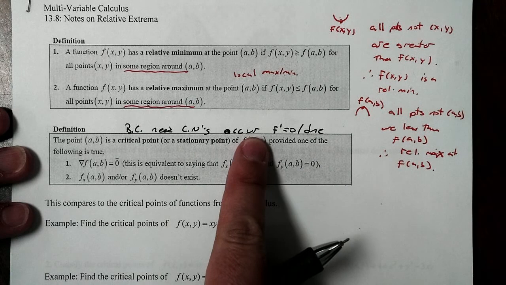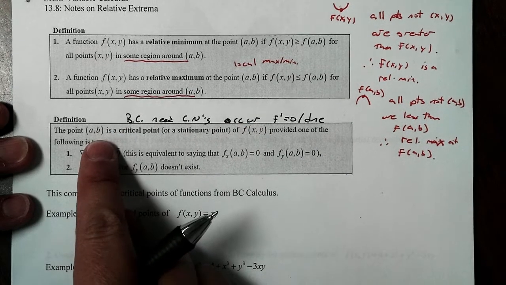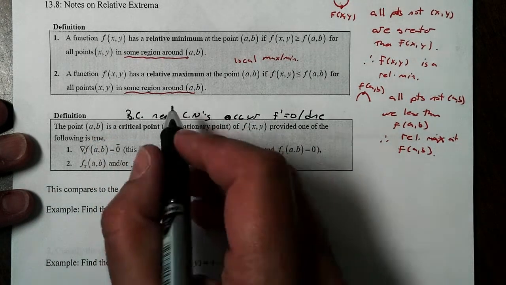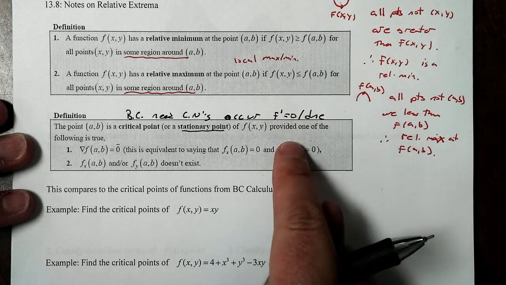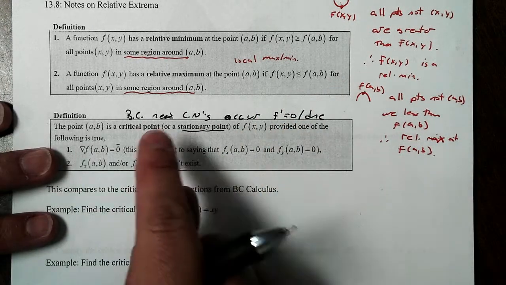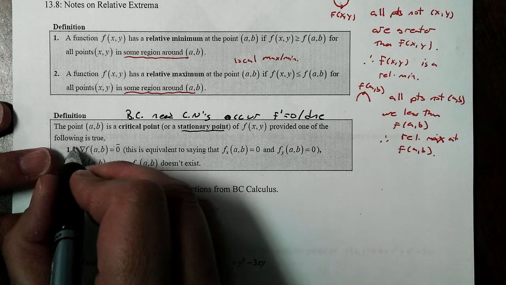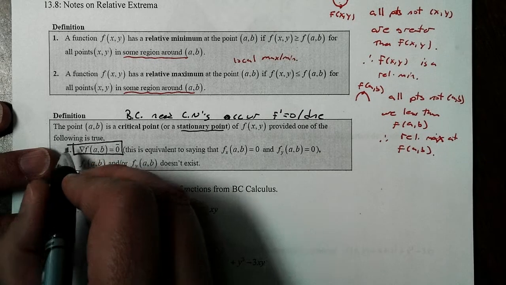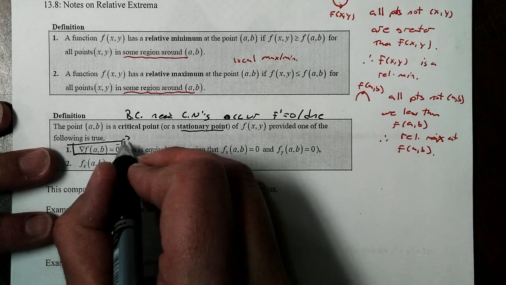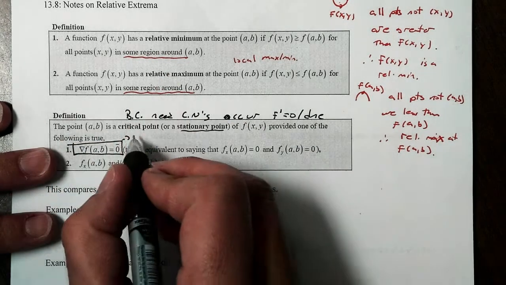The idea is the same in multivariable. To get a critical point, or sometimes we call it a stationary point in multivariable, one of the following has to be true. One, the gradient has to be 0. Remember, the gradient is just a collection of all my partials.